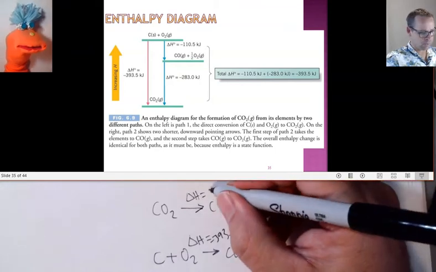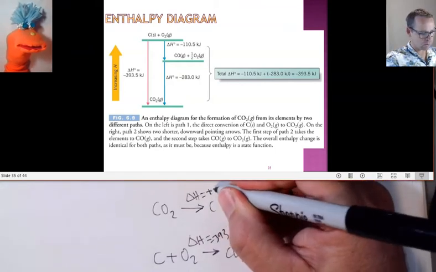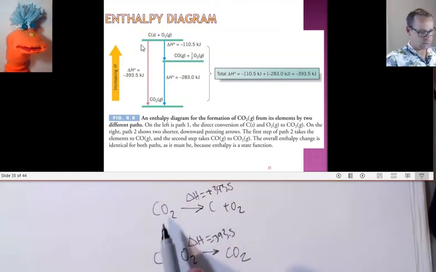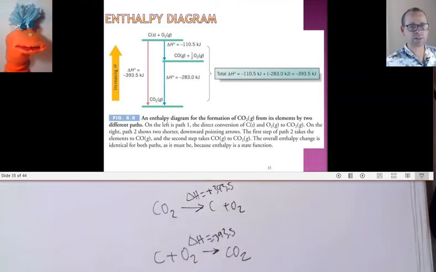Positive 393? That's right, a positive 393.5. Because we have here the same material that we ended with, and we're going back to the reactants.